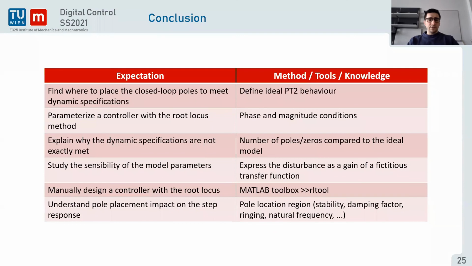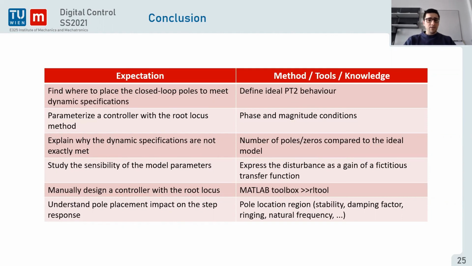Then to explain why the dynamic specifications are not exactly met, it's because the system has more poles, probably also some zeros. So the two poles that we enforce on the system that come from the PT2 are probably not dominant anymore, or still they can be dominant, but there's some extra dynamics of the system that makes it diverge from the PT2.